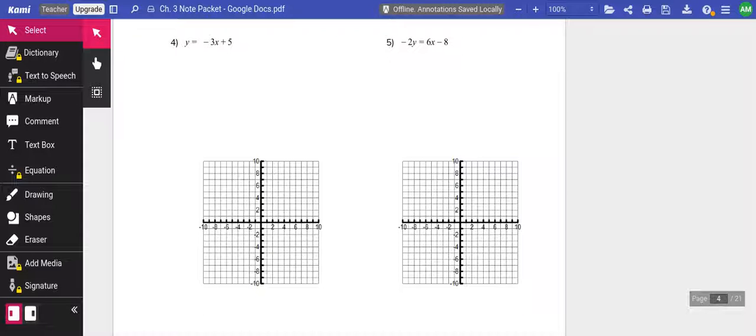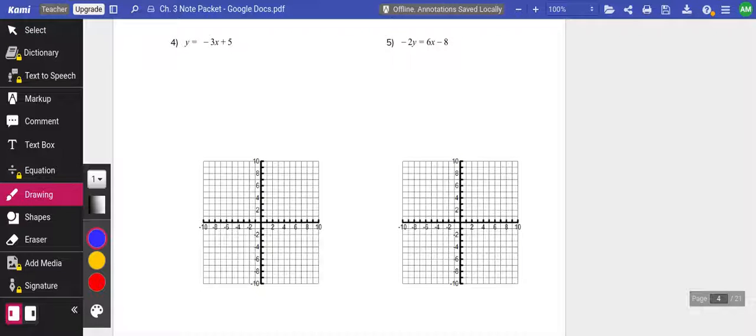So in my calculator, I would type in to y equals -3x plus 5. Then I'm going to hit second and graph to look at the table.